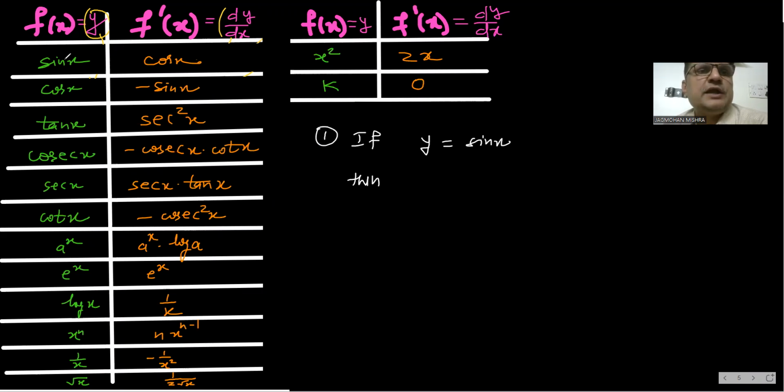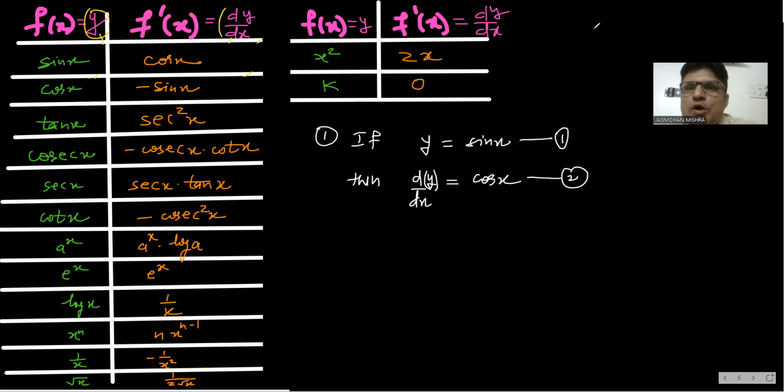So if y is equal to sine x, dy by dx is cos x.